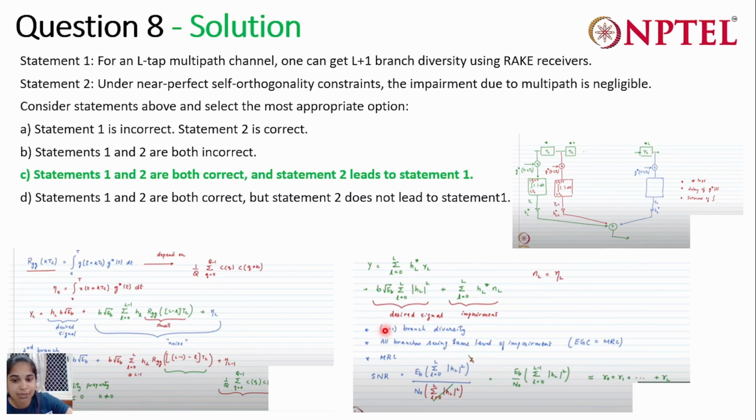So we have L plus 1 branch diversity, and because of the self orthogonality property, this term becomes very small. So the impairment we get is very much negligible, and the desired signal can be recovered. This is the idea of the rake receiver.